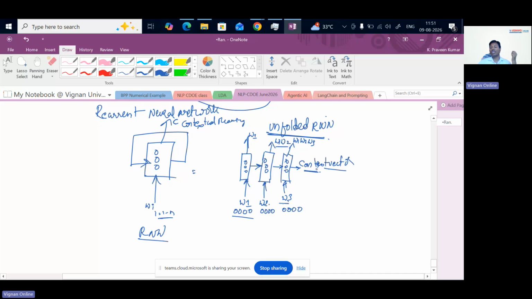You need to know that. Now this is a combination of word 1, word 2, word 3. Now it is a meaning and it has given this meaning. This is what is called the RNN.